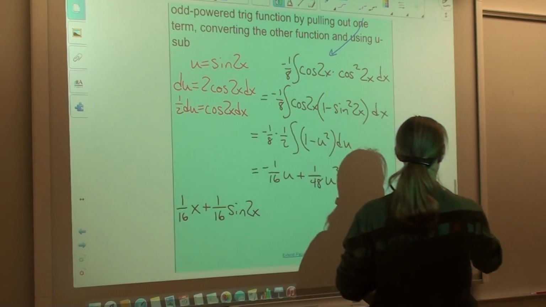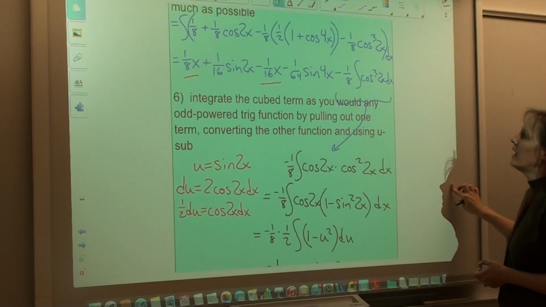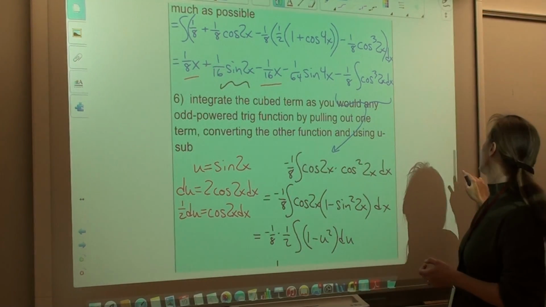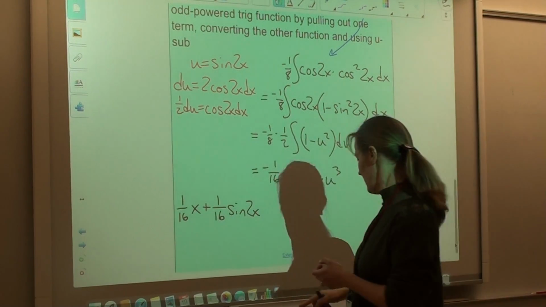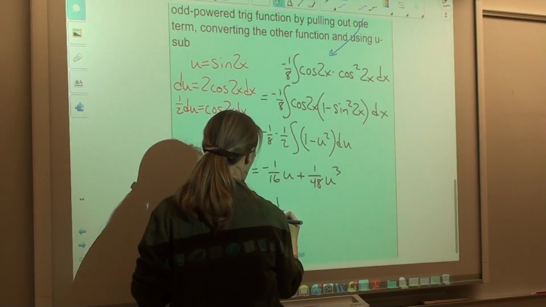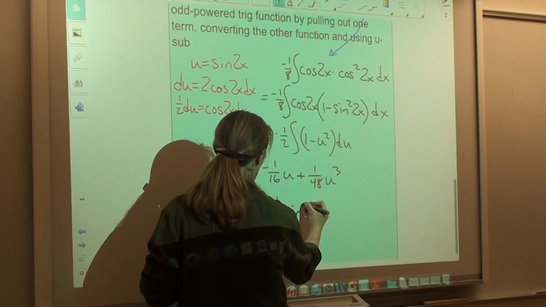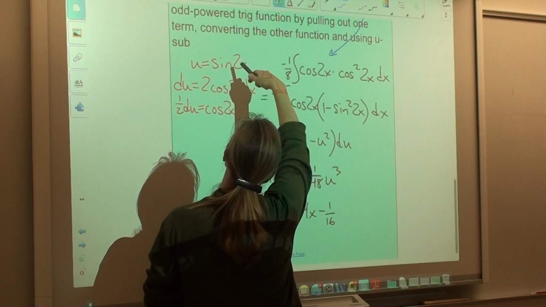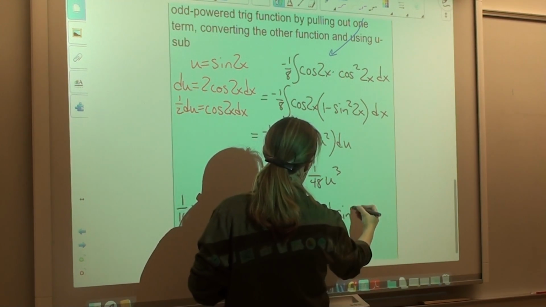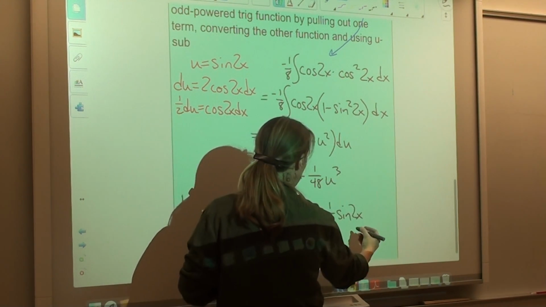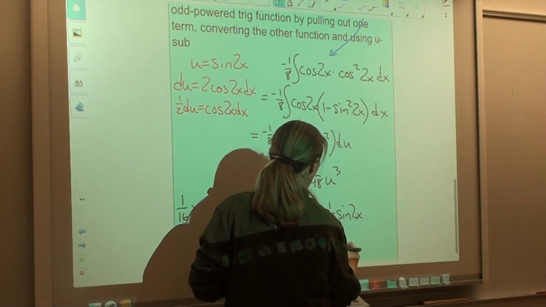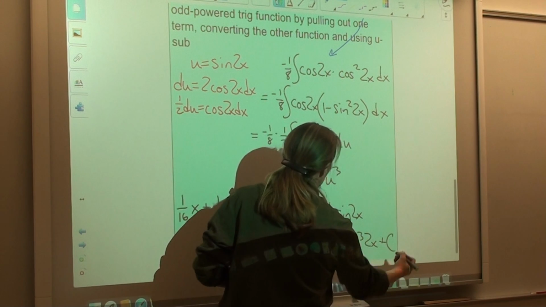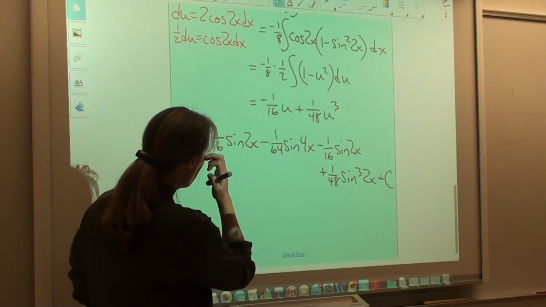Okay. Let's see, so I got that, minus 1/64 sine 4x. Minus 1/16 u is sine 2x. Plus 1/48 sine cubed 2x plus c, and I think I can combine.